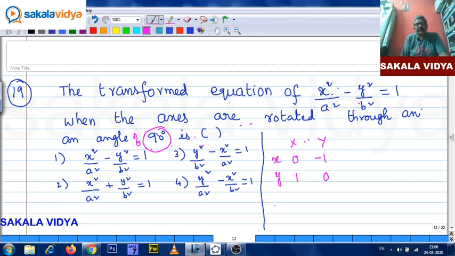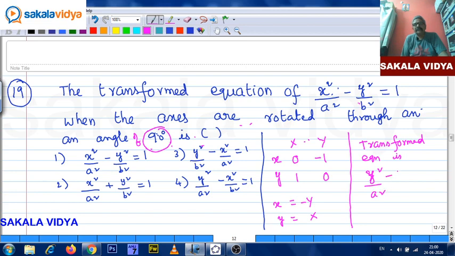That means here small x becomes minus capital Y, small y becomes capital X. So, very simple, in the place of x substitute y, in the place of y substitute x. The transformed equation is, here we get like this, y square by a square minus x square by b square is equal to 1.